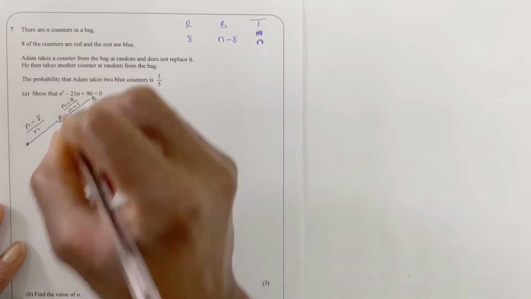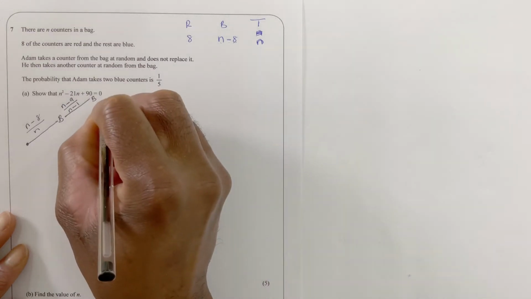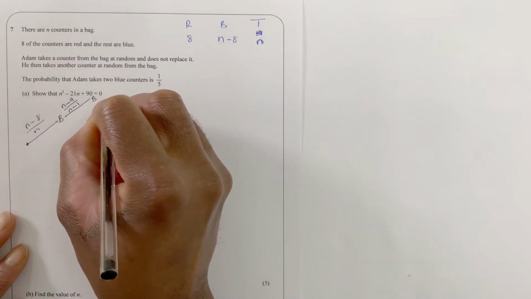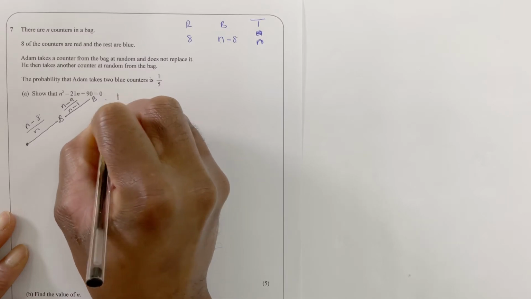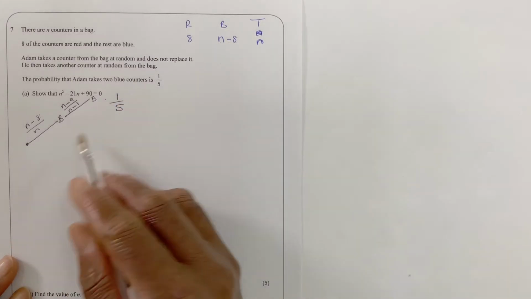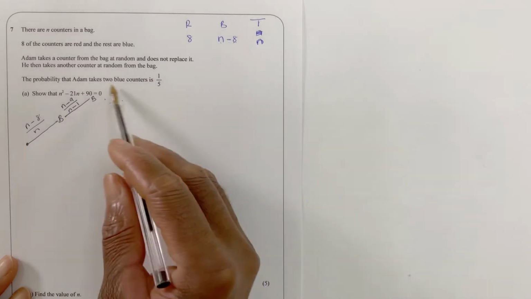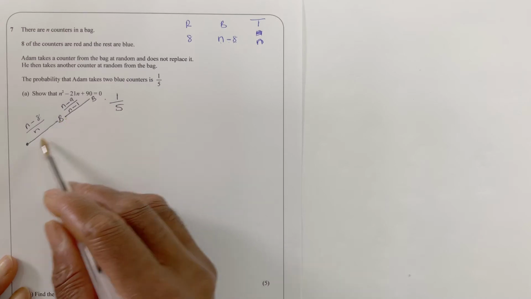And that is equal to what we called 1/5. So that's what you get. I don't need to do the rest because none of this question requires me to do the rest.